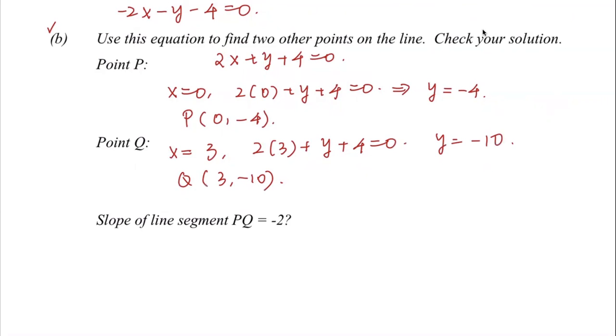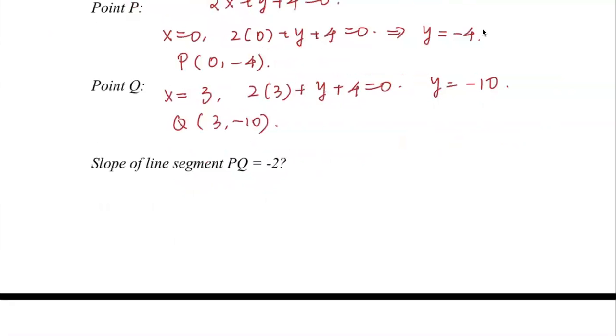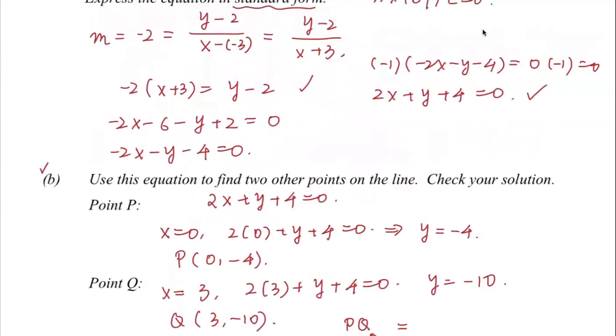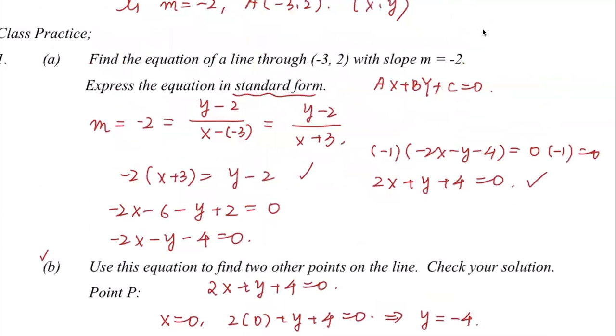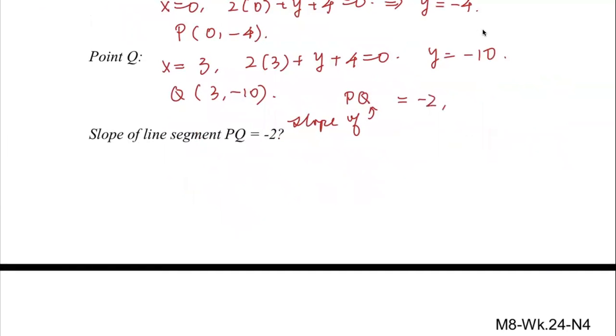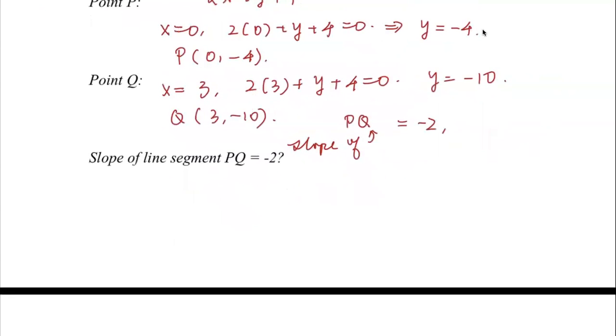Now we just need to verify. How do we verify it? If the slope of the line segment PQ is equal to -2, then that means we did the right calculation, right?